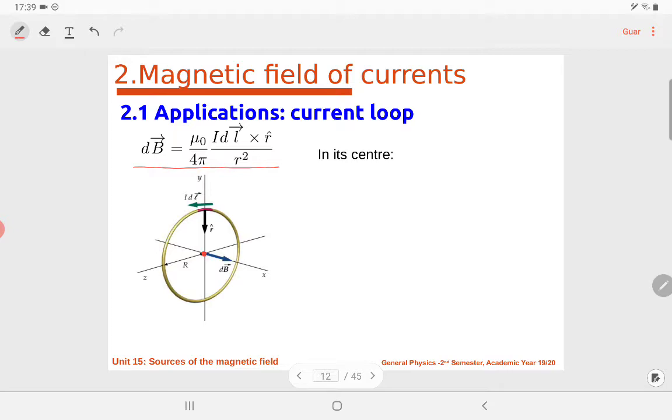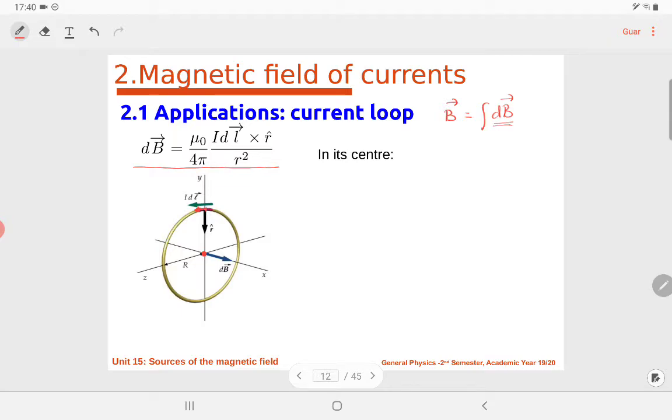We're going to begin by discussing just a small element, and once we have that, we're going to integrate across all of the loop. So first of all we focus on the differential of magnetic field.